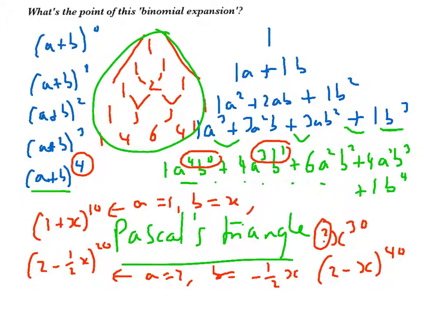Are you really going to want to write out all this Pascal's triangle in order to find that? No, we need something more efficient, more concrete, and this is again where the binomial expansion formula comes in. So that's what we're going to learn about on the next slide.